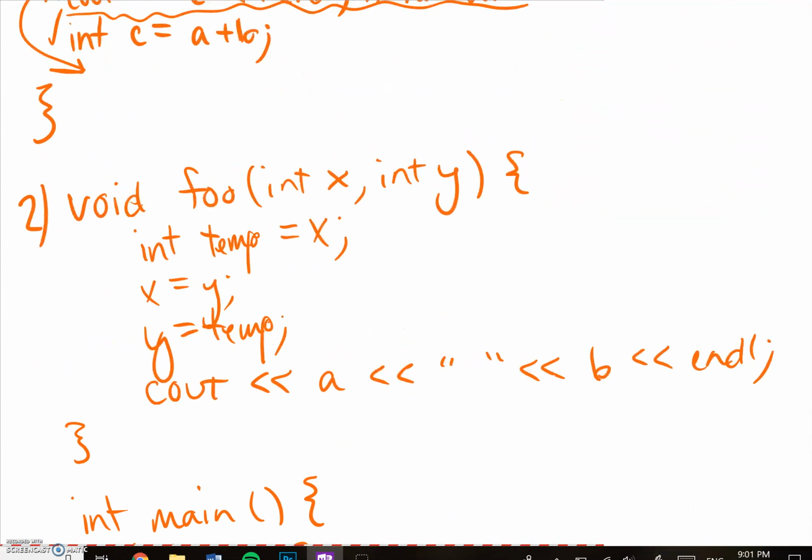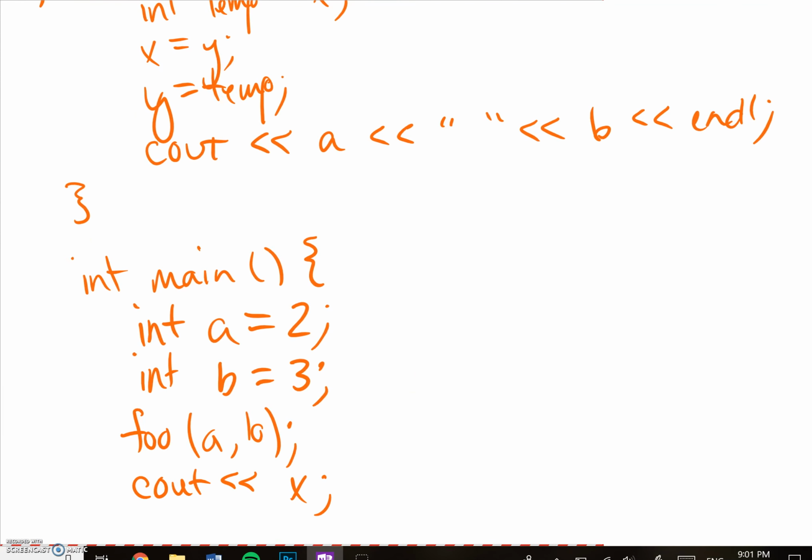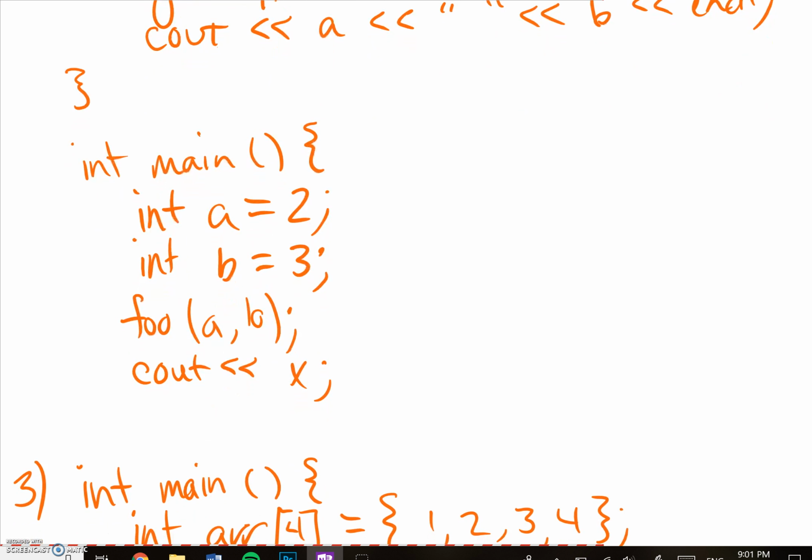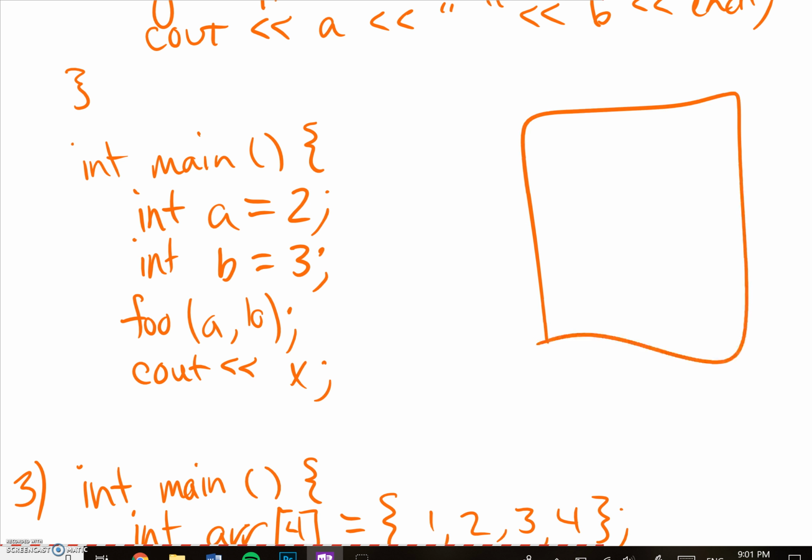Now, the second example, it's a little more complex. So again, let's just draw a diagram. This is main. So first line, create a variable a, the value of 2. Second line, create a variable b, the value of 3.